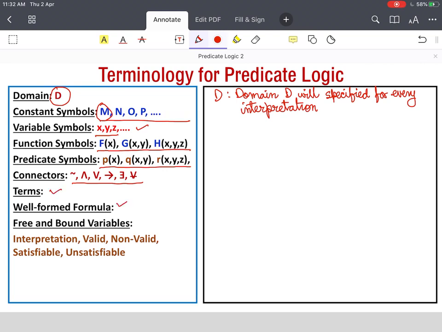Now we come to the 2 important things called terms. So how do we define a term? A term is defined as the following. Variables are terms. Constant symbols are terms.